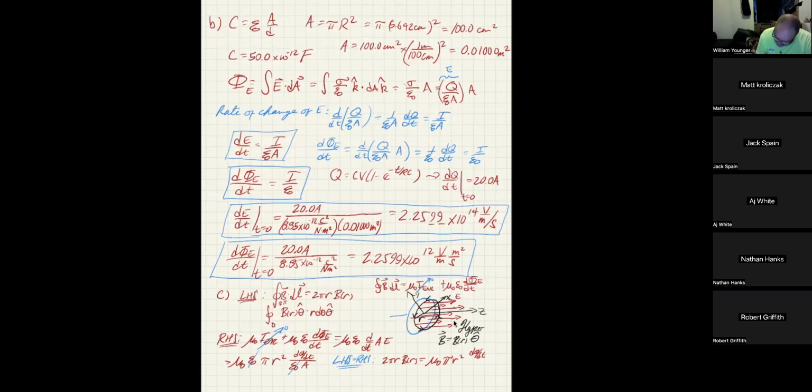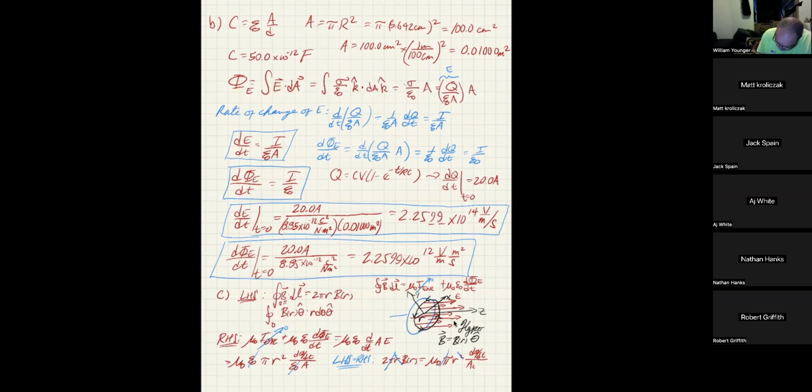So that's dq dt over A for the capacitor. I'm not even going to put in any junk about the pi r squared and all that stuff. You can see what it would be. It'd be pi times big R squared, which ultimately comes out to 0.01000 square meters. The main thing is right here, I can see that this pi cancels out with this pi, and this r cancels out with one of these r's.